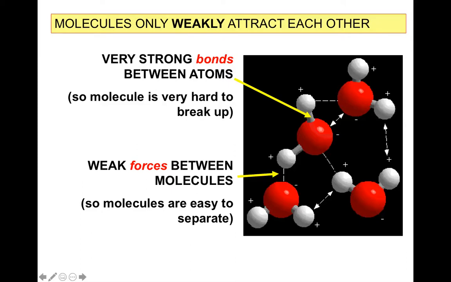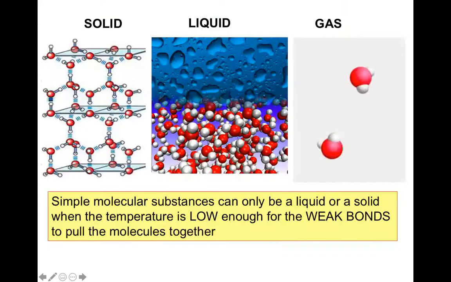However, between the molecules, there's a weak force, not a bond, just a force that we call an intermolecular force, a force between molecules that is quite weak and is very, very easy to break. And this is the force that we're talking about when we're looking at physical properties of simple molecular things.